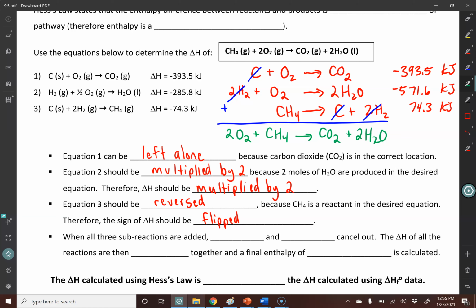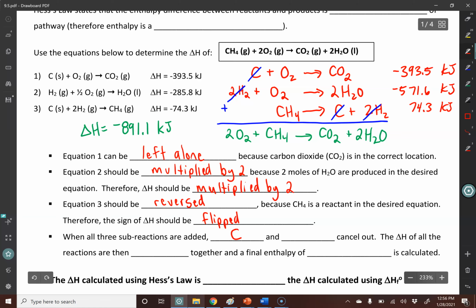So at this point in time, I can just go ahead and add up my delta H values for the individual reactions, and I come up with an overall delta H equal to negative 891.1 kilojoules.